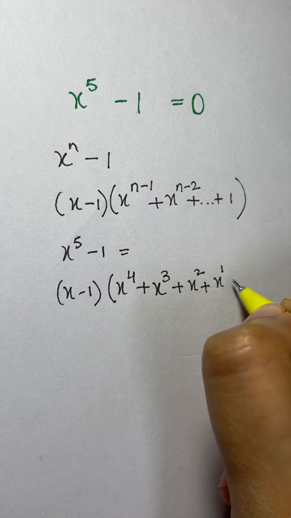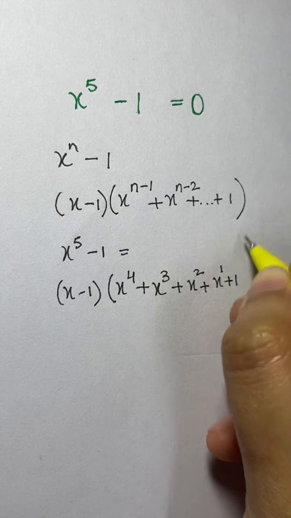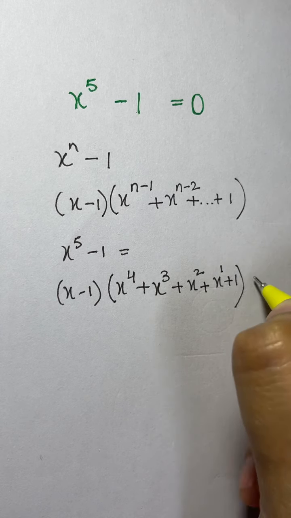Anything to the power of 0 is 1. So you have plus 1 at the end is equal to 0.